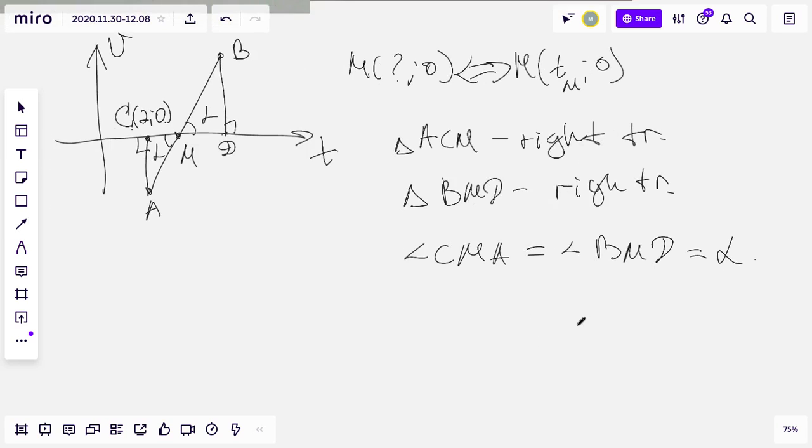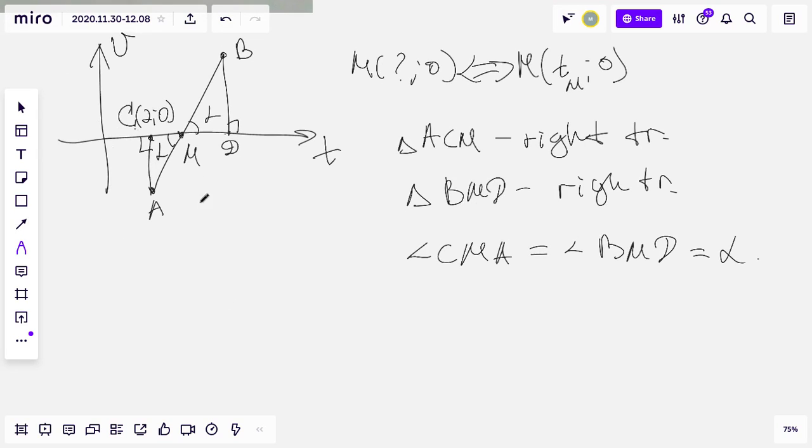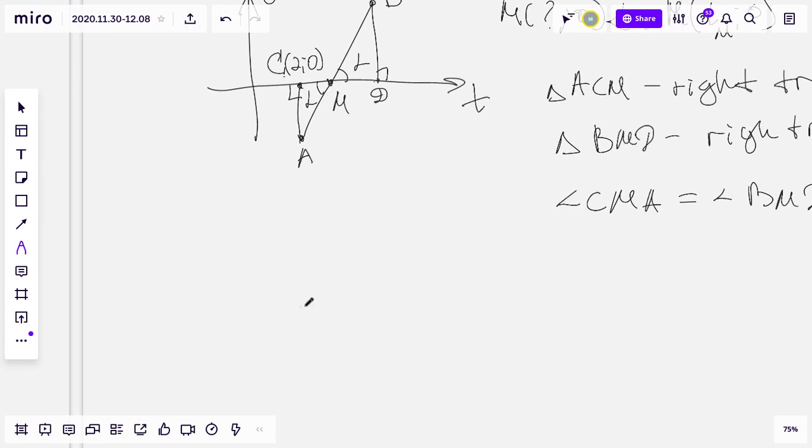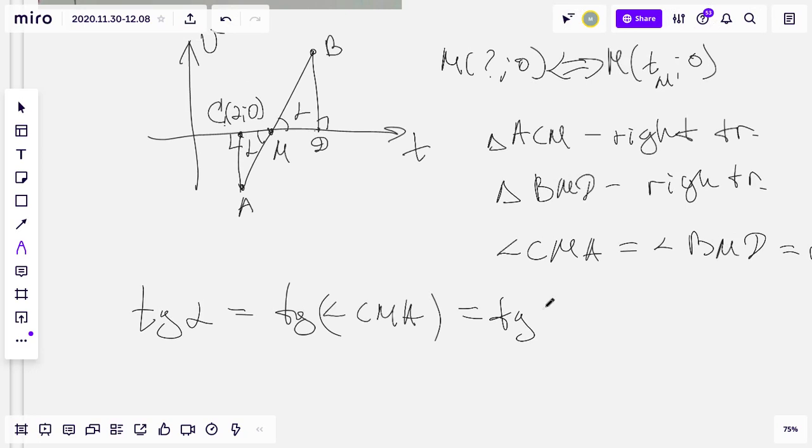Okay, two angles are equal, and does it mean that the tangent of alpha is the tangent of angle CMA and the tangent of alpha of angle BMD.